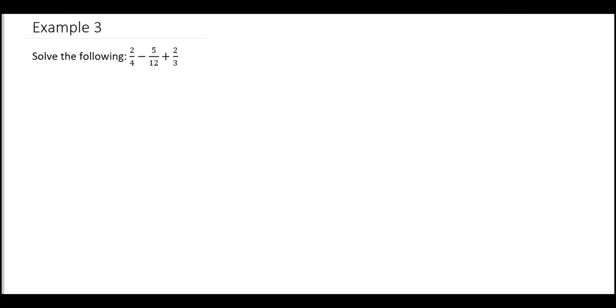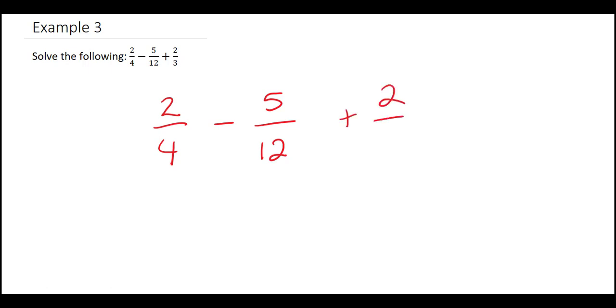Example 3. Notice we're going to have 3 different terms. And we're going to approach it the same: we're just going to find our least common denominator and work left to right. So let's rewrite this: 2 over 4 minus 5 over 12 plus 2/3. Our least common denominator between all of these is going to be 12.